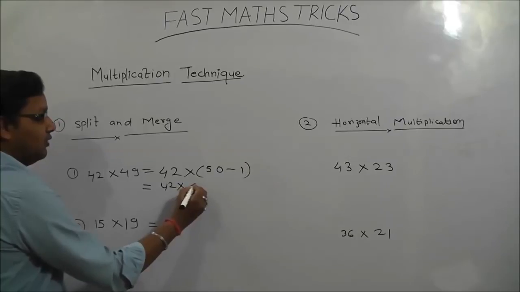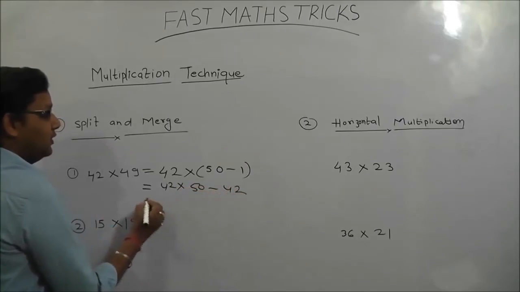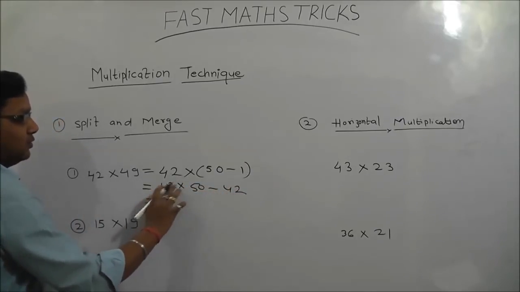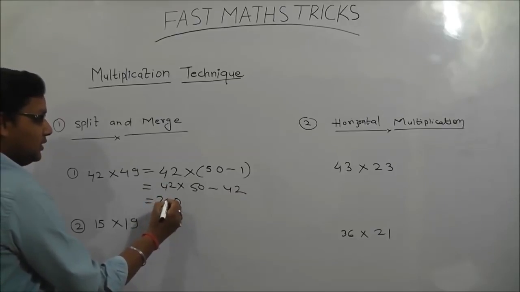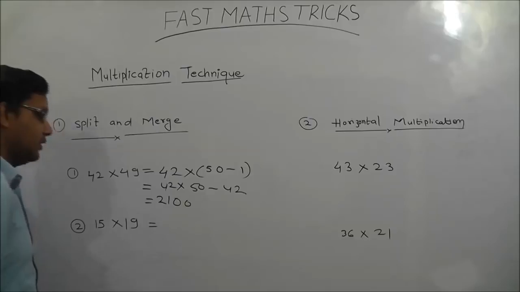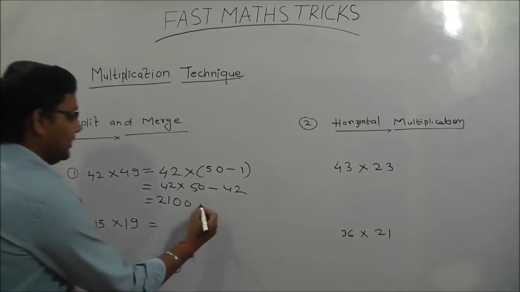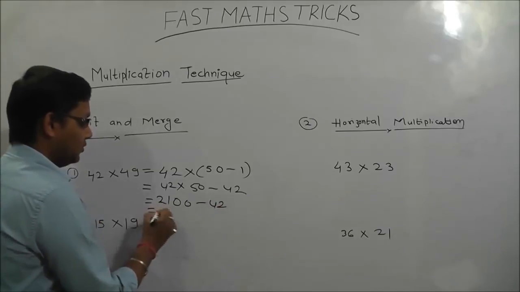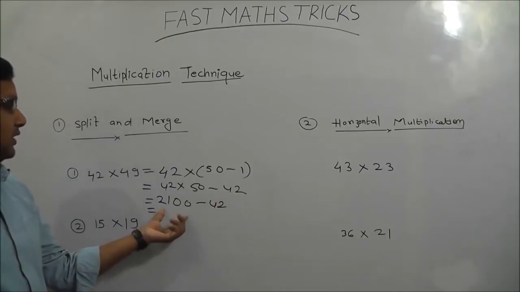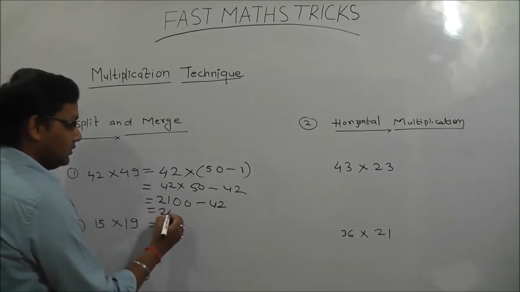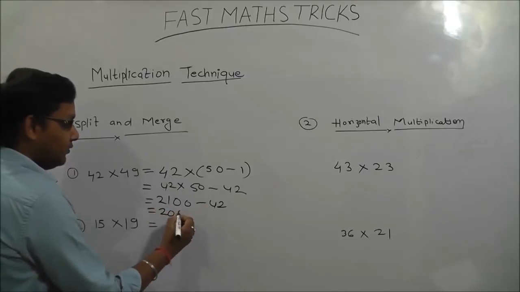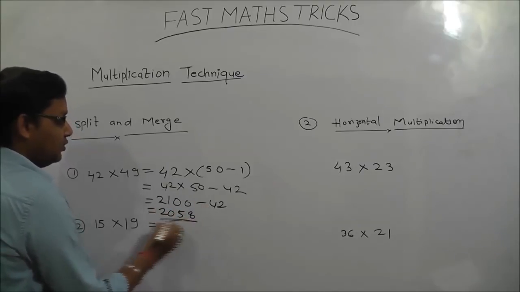42 into 50 minus 42. So how much will we get? 42 into 50, that is 2100. Okay, so 2100 minus 42, and 2100 minus 42, how much will we get? 2058.